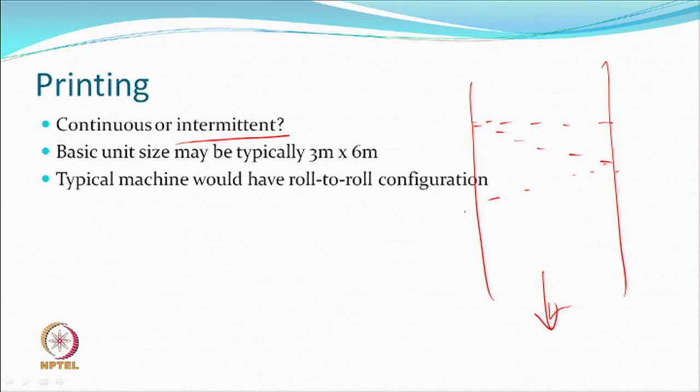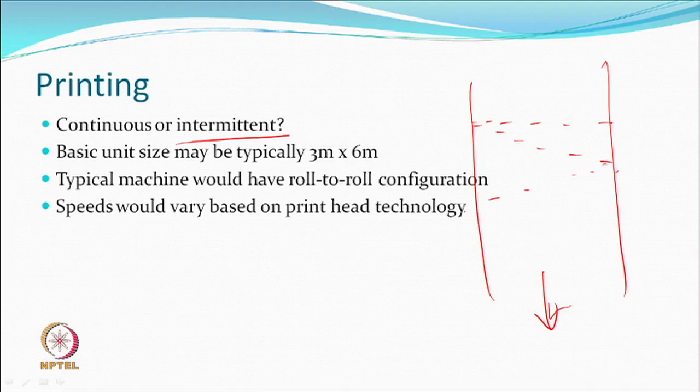You start from a roll, finish on a roll, but that is not it. You may have machines which are printing piece goods only, like a t-shirt or a small piece. So, this will be conveyed and then you keep printing. But a typical fabric printing machine would have a roll on one side and a roll on the other side possible.